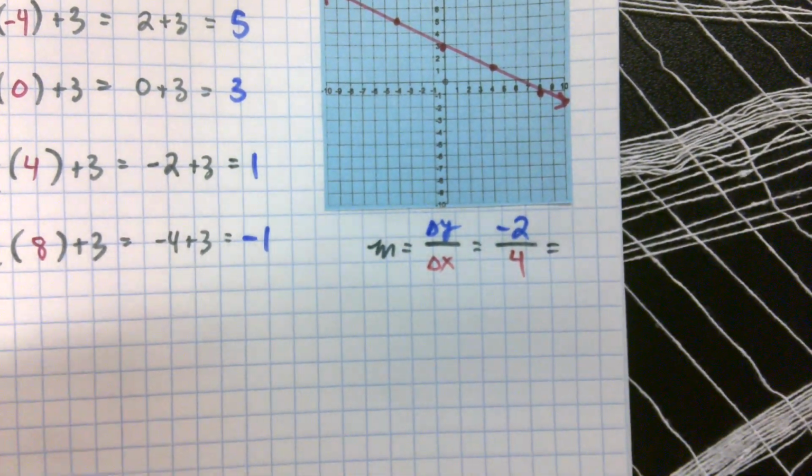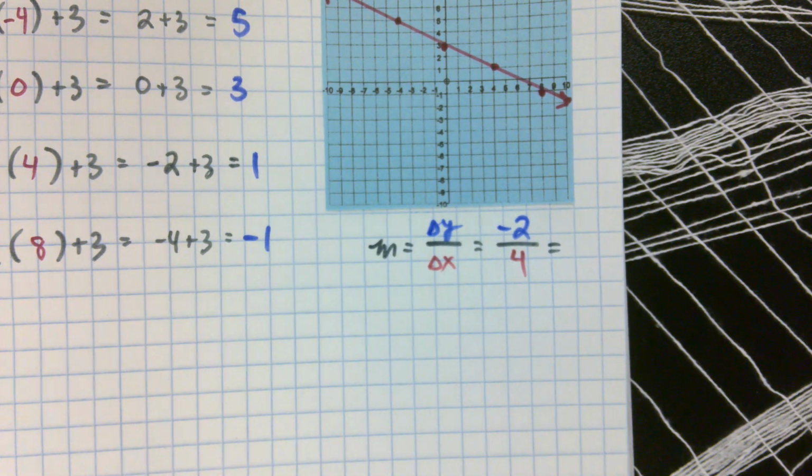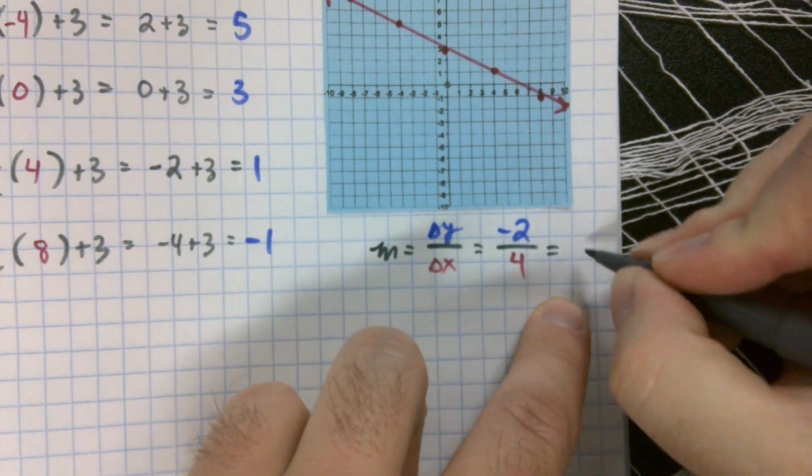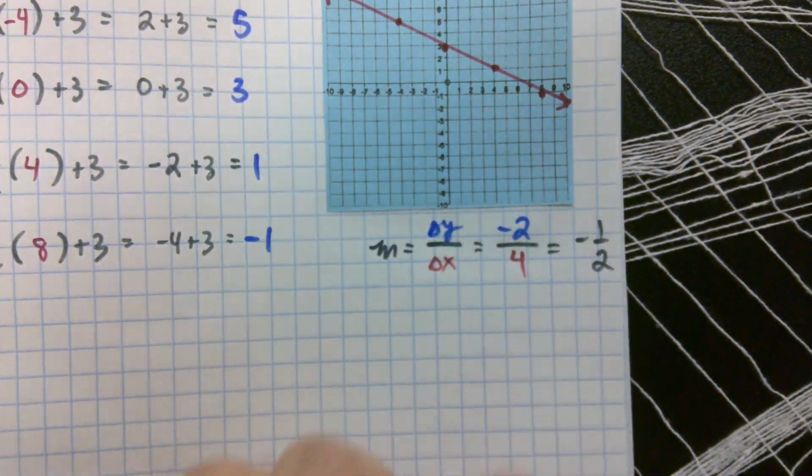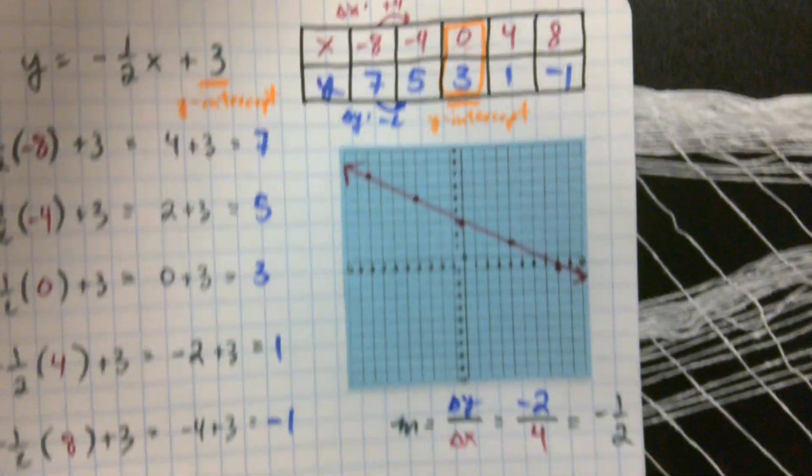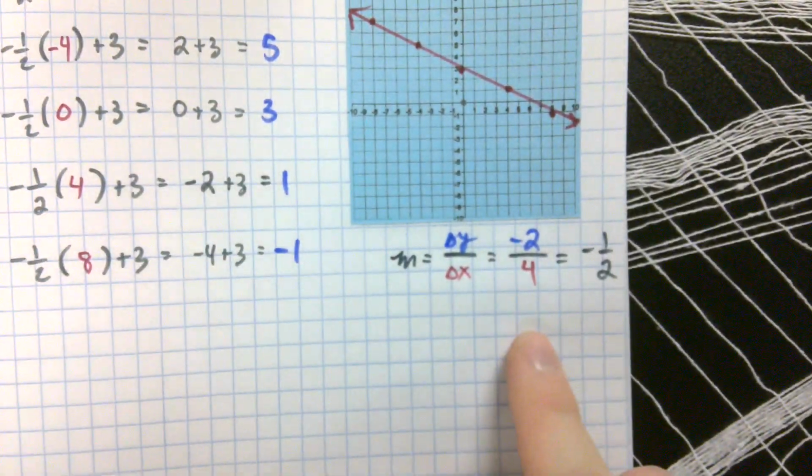What would that simplify to? Negative 2 over 4? Negative 1/2, right? So we can see from our table, our slope is negative 1/2.